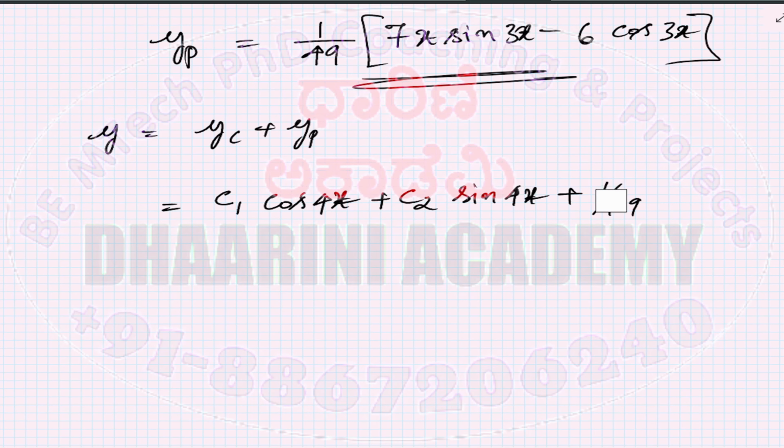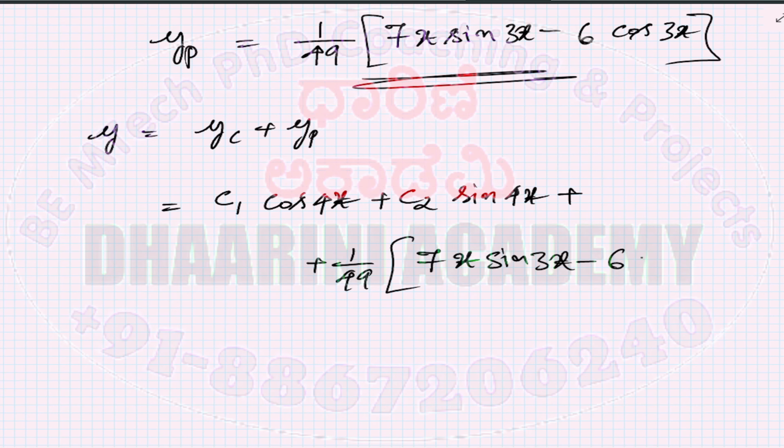So that is 1 by 49 into 7 times x sine 3x minus 6 times cos 3x is the final answer.